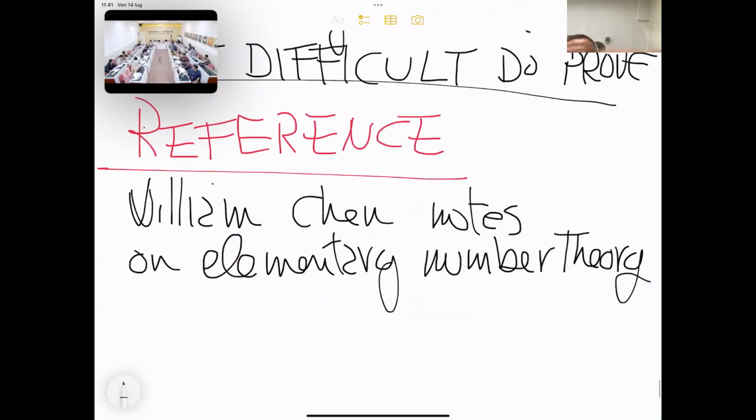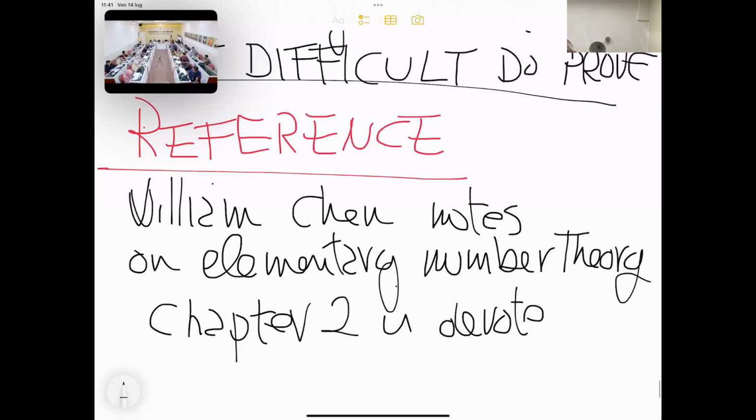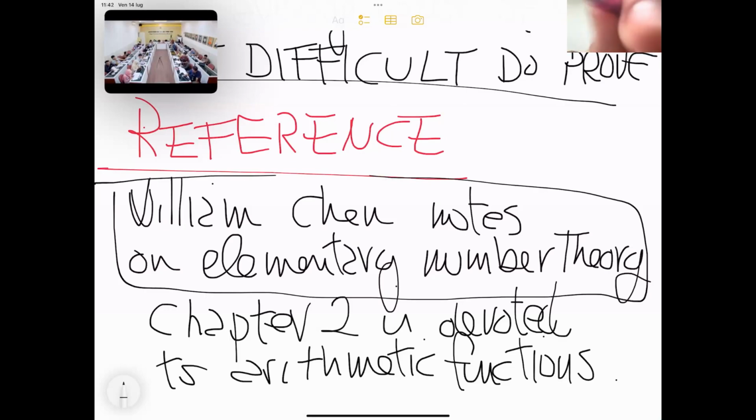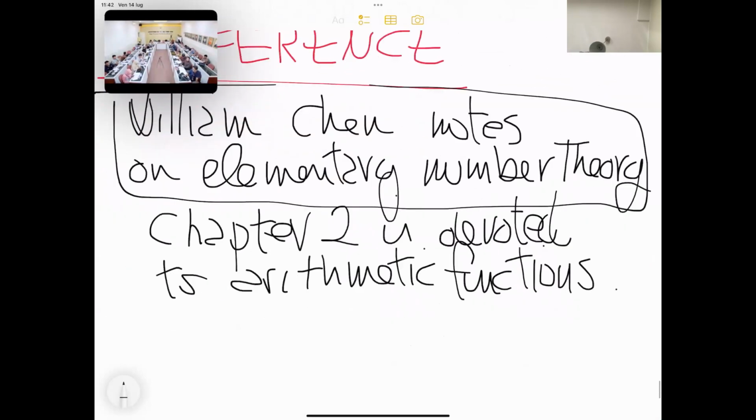Chapter 2 is devoted to arithmetic functions. You just go on Google and write William Chen notes on elementary number theory, and it will bring you to a page where you can download the pages you need. These are extremely well written.